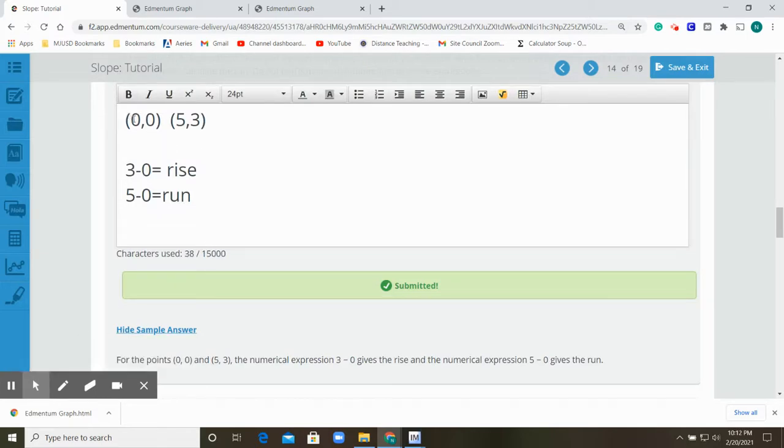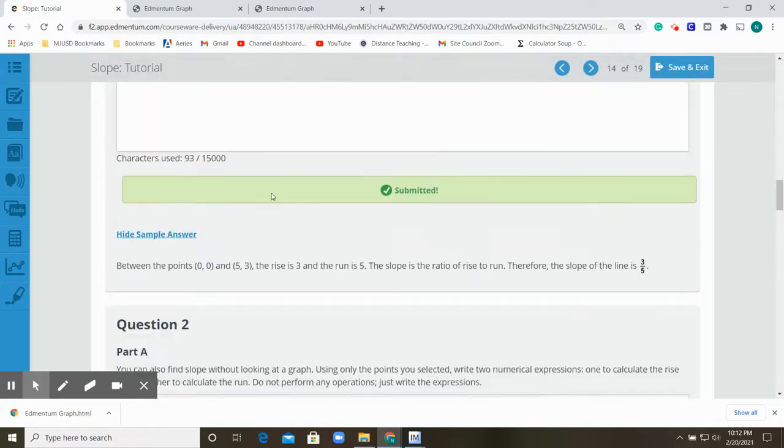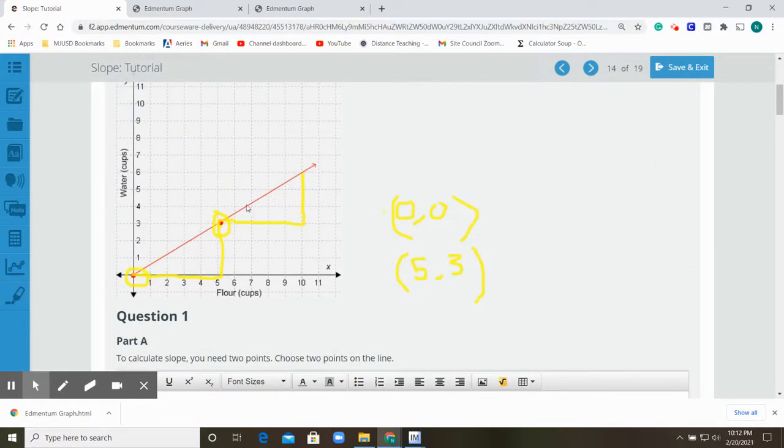So if we look at the numbers 0, 0 and 5, 3, 3 minus 0 is the rise. 5 minus 0 is the run. 5 minus 0 is 5, the run. 3 minus 0 is 3. That's the rise.